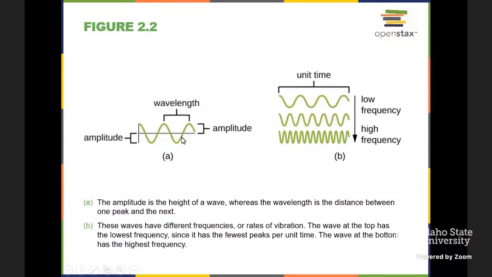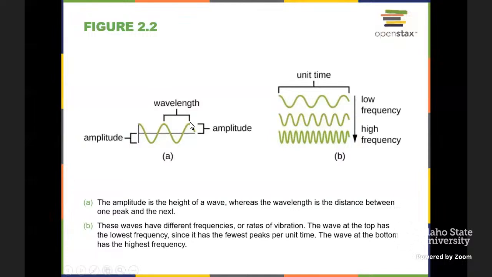So the amplitude here, we can see it's the height of the hump, all right? The wavelength of light, which is basically dictating how much energy is in there, is the space from the top of one to the next, all right? That's the wavelength.